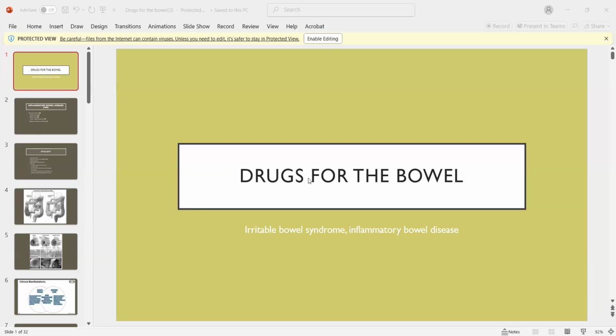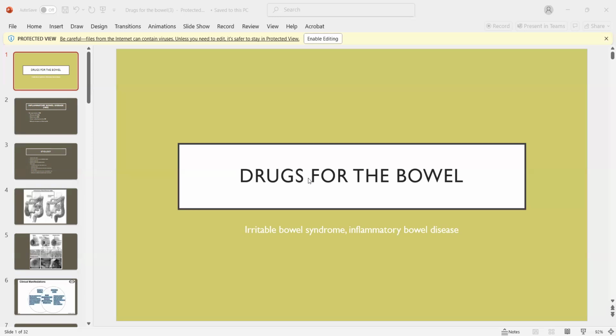They're very good for maintenance. You can use them for induction and maintenance of remission, but if you use them for induction, you will need to pair them with corticosteroids typically. Typically extremely well tolerated. And the drugs are listed here.